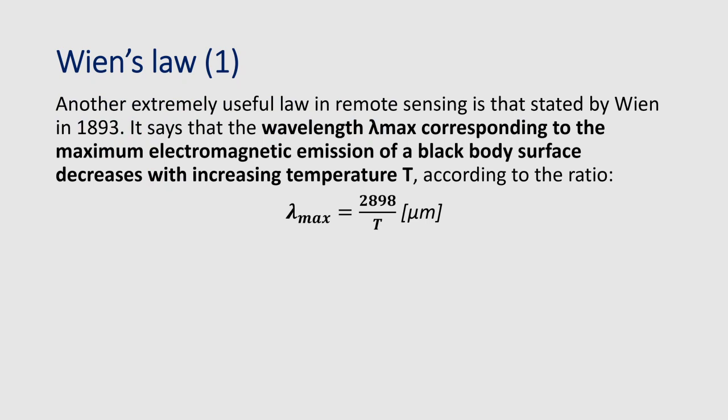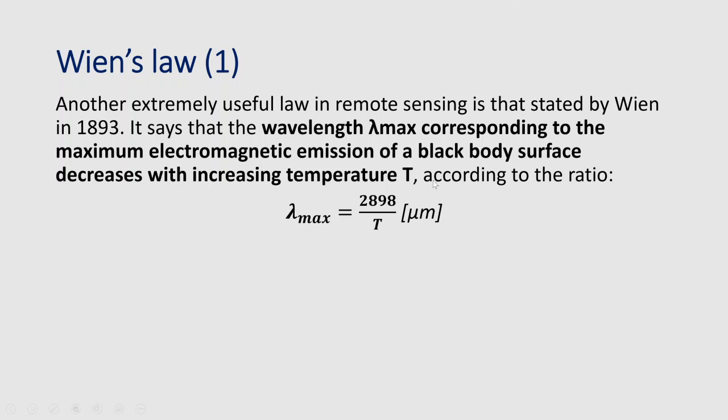Let's go back. You see, what about the wavelengths of maximum emission of our two reference bodies? For example, the Sun and the Earth's surface. I mentioned, and we will see in the next lecture, that the Sun has a temperature that is ranging between 5,000 to 6,000.